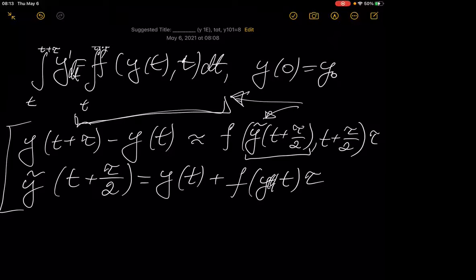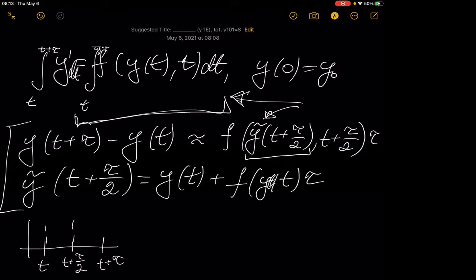when we integrate from t to t plus tau, for a Simpson rule, we need also these, and then we can apply the Simpson rule, midpoint, right? We need the midpoint.